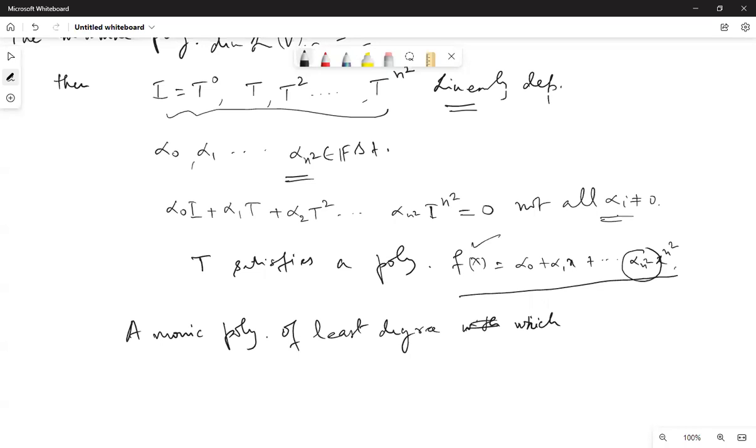If all alpha i's were 0, they would not be linearly dependent. Oh, sorry. Yes, let me make that correct. Okay, not all alpha i are 0.